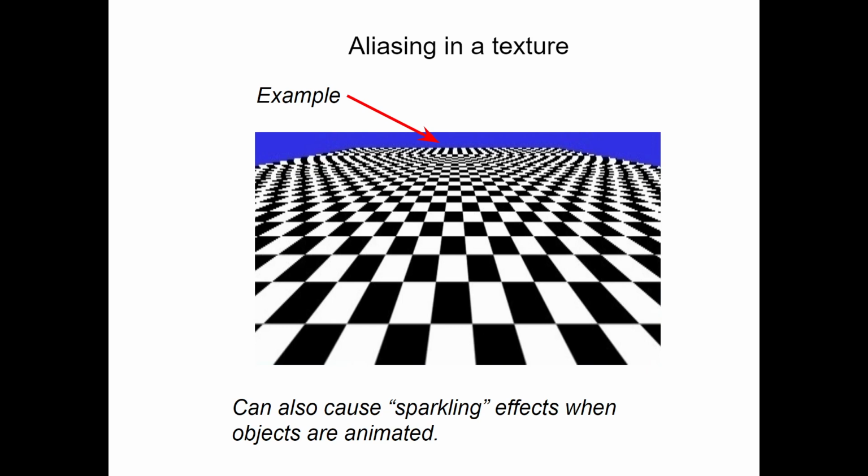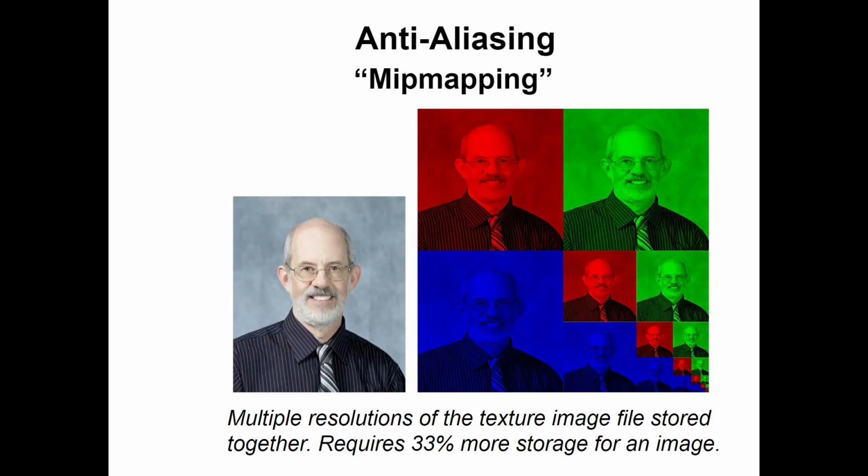This also can cause sparkling when objects are animated because they're moving against that grid. And sometimes things will pop out. Imagine our case before, where if you had managed to sample that checkerboard just right to get a black square, and then you move it just enough, suddenly you might get an entirely white square. Move it just enough, it gets a black square again, and so on. Right, so that's what happens when you have aliasing. One of the things you do to combat aliasing is this thing called MIP mapping.